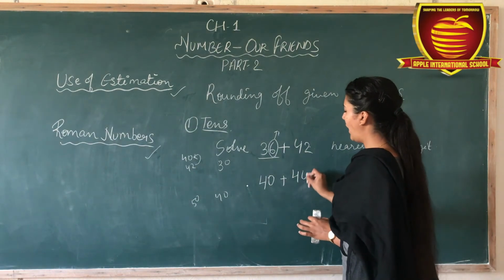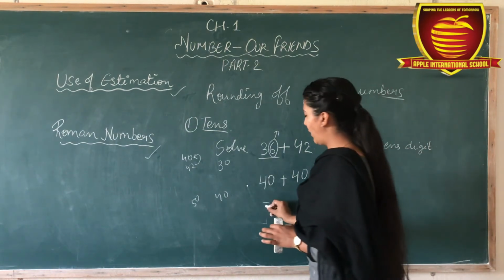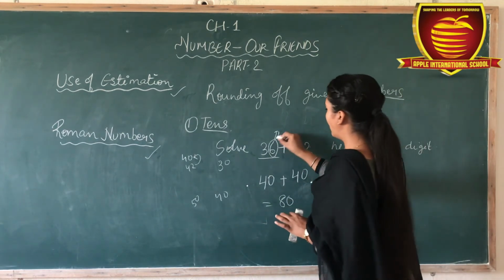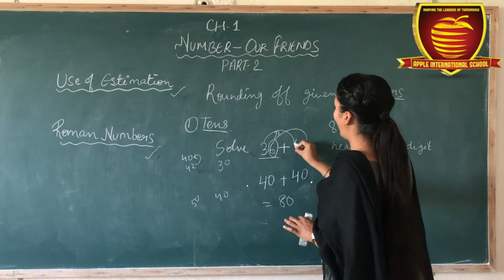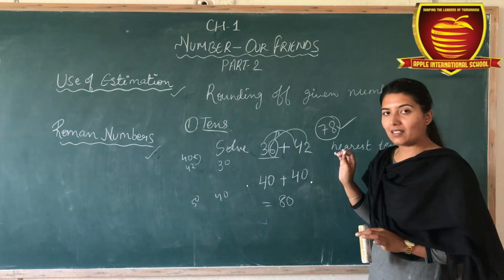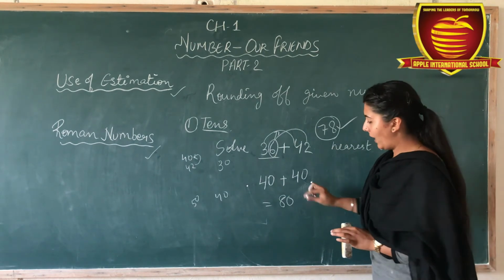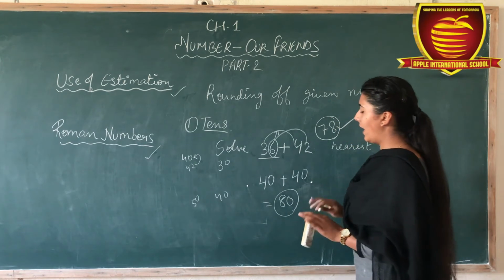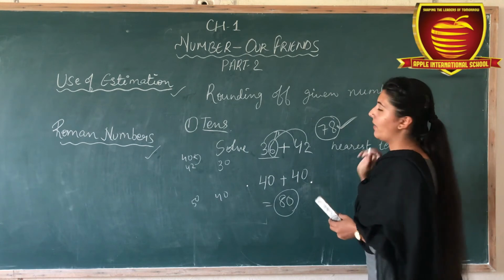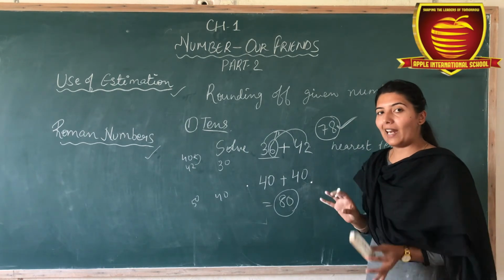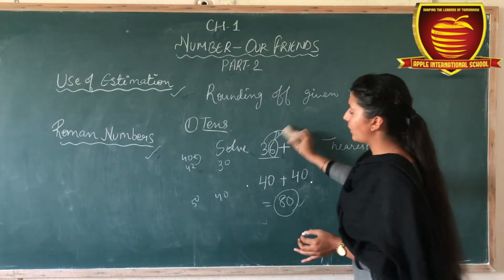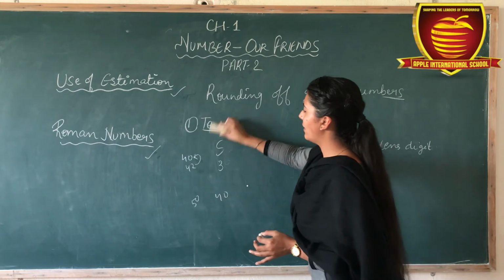So I write 40, and the total becomes 80. But the real value is 6 plus 2 is 8, 3 plus 4 is 7, so 78. Instead of 78, we round off the figures and say there is about 80 of data. This is the example of nearest tens.